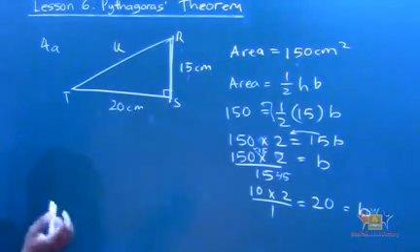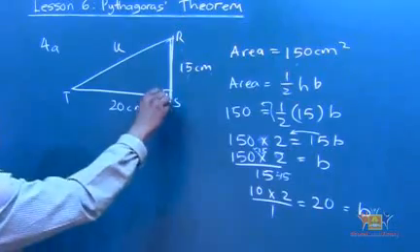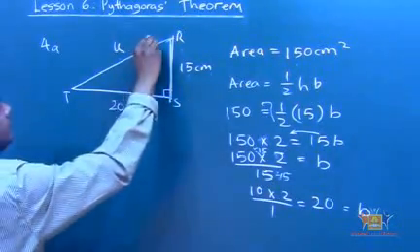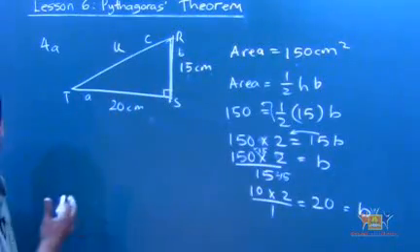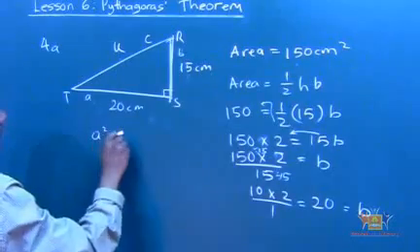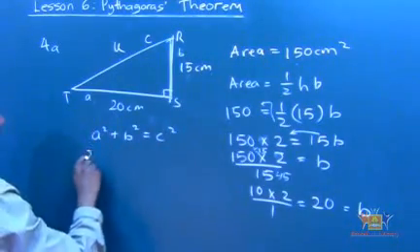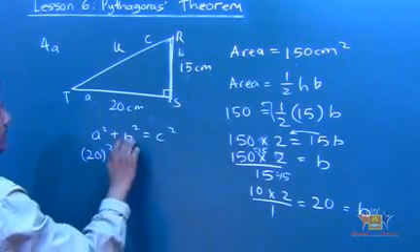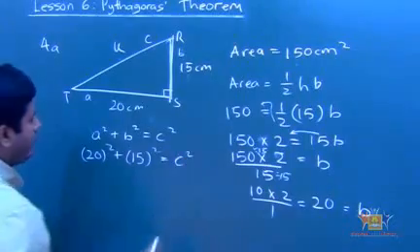Which will be the c? The hypotenuse, opposite the right angle. This is c. I can put this one as a and b, it doesn't matter which one. So a squared plus b squared equals c squared. a is 20, so 20 squared, and b is 15, 15 squared, equals c squared.